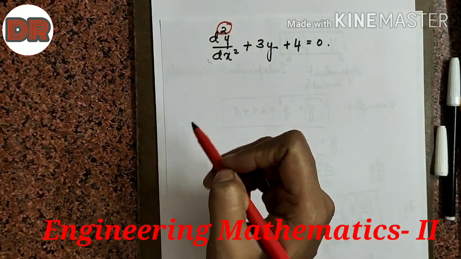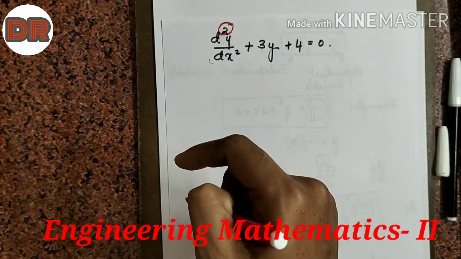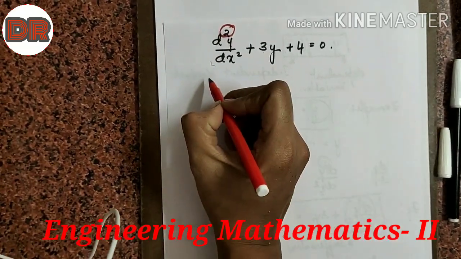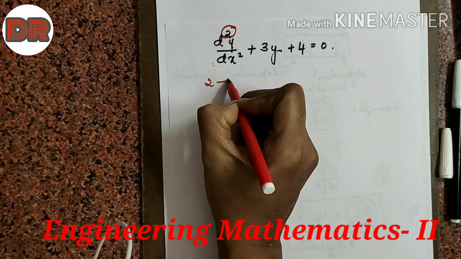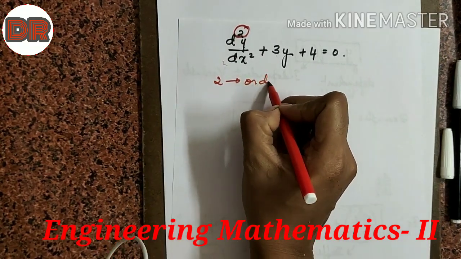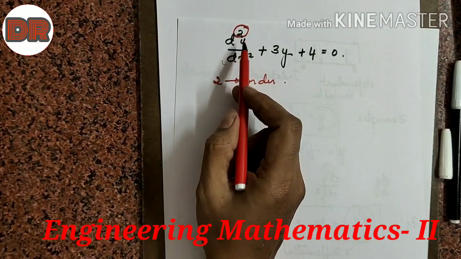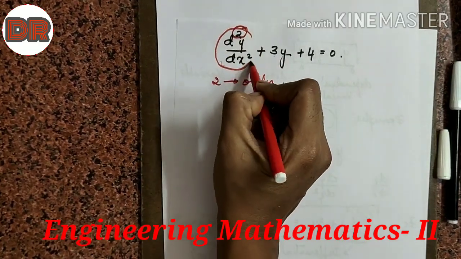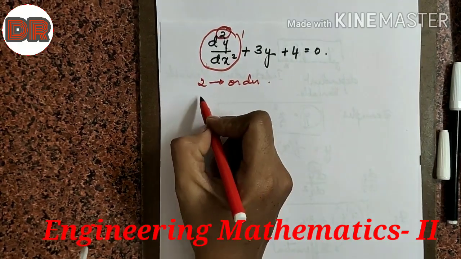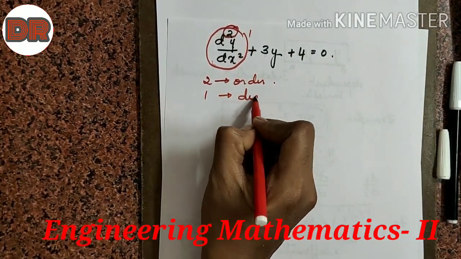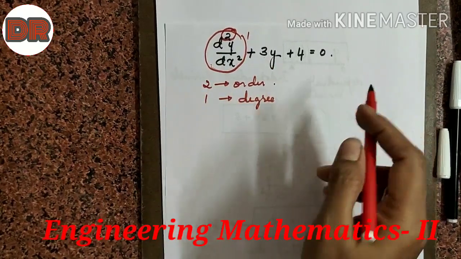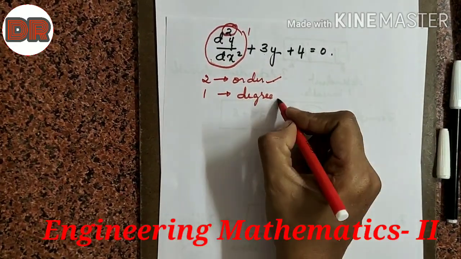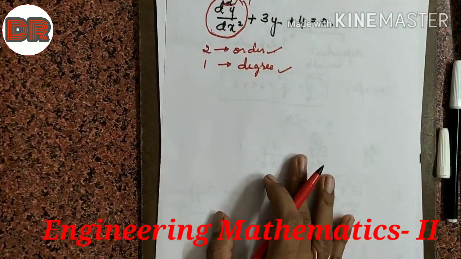That is the highest power of the differential term, or that is the highest number of times you are differentiating. So we have 2 as the order. And if I ask what is the index of this differential term, the index is 1. So 1 is the degree. We don't have any other differential terms. So this itself is the order and degree of this particular differential equation.